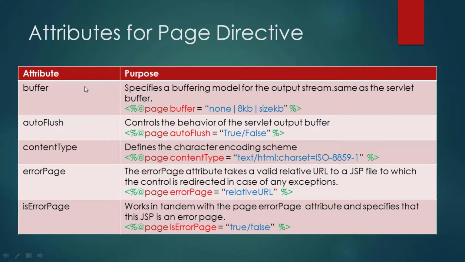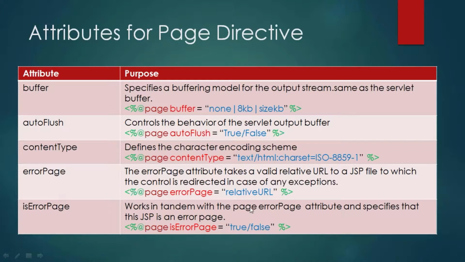Coming to the attributes, here is the description of the page directive. If I mention the buffer attribute, it specifies the buffering model for the output stream. The autoFlush attribute controls the behavior of the servlet output buffer. ContentType is used to mention the content type, whether it is an image file or an HTML or text file, whatever it is.